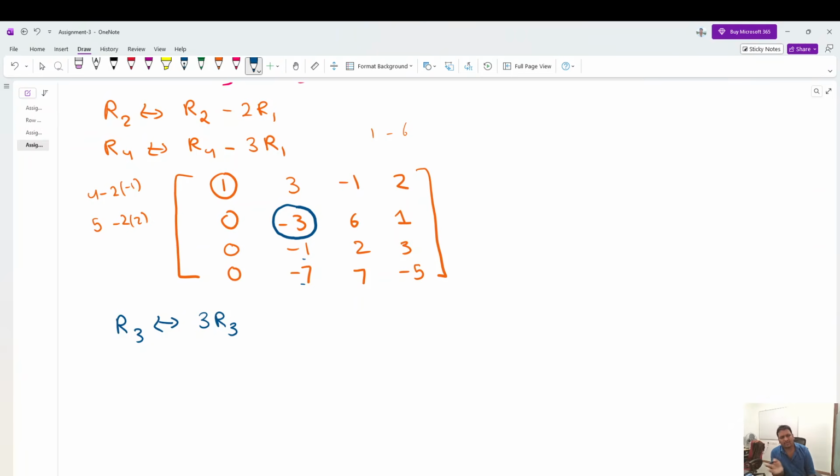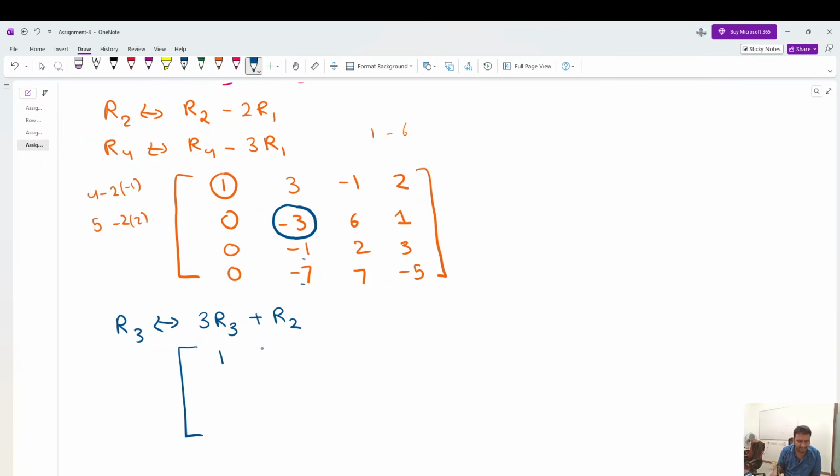One will say row interchange, you do interchange of row 2 and 3, and then multiply the second row by minus 1, and then do the same thing. However you want to do. So 3 into row 3 plus row 2. Let's see what you get.